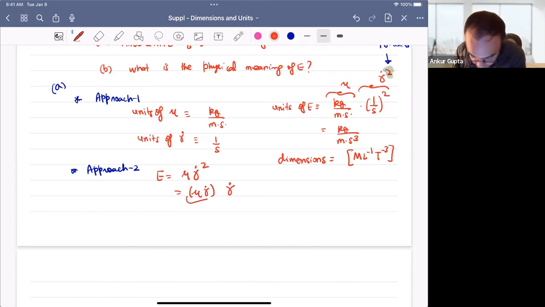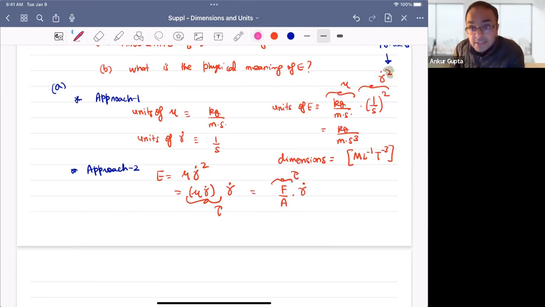This is something we had learned in class, that viscosity times shear rate is shear stress, tau. So instead of directly saying I know the value of mu, let's say I don't know it. I say it's tau, and then I have gamma dot. Tau is force per unit area, and then gamma dot is the remaining one left over.